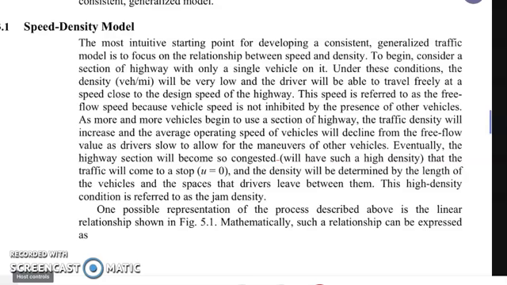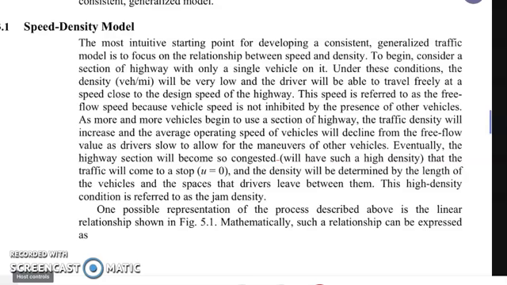As time passes, more vehicles will be using the section of the highway, so the traffic density will increase and the average speed will decline from the free flow value because drivers will slow down as other vehicles maneuver.